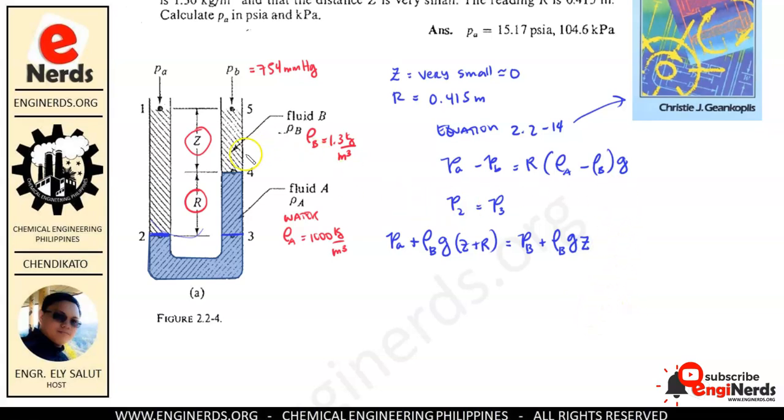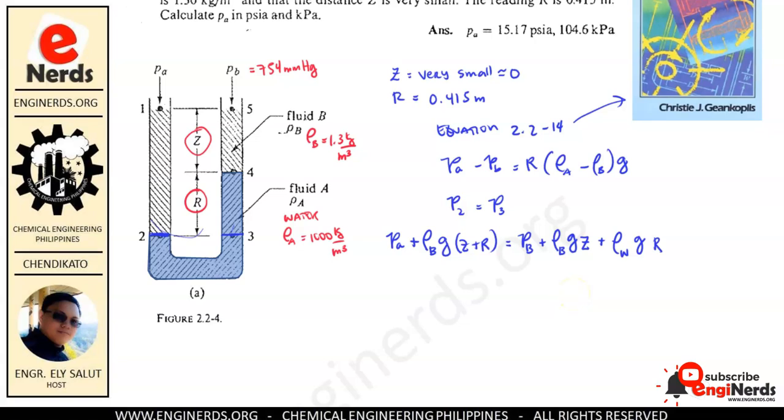So, I hope this is clear. Now, we're going to take the pressure from here to here. So, we'll have plus the density of water, because now our fluid is water. So, we have here the density of water, acceleration due to gravity, and our height of the water, which is equal to R. Okay, so I hope clear tayo dito, no?